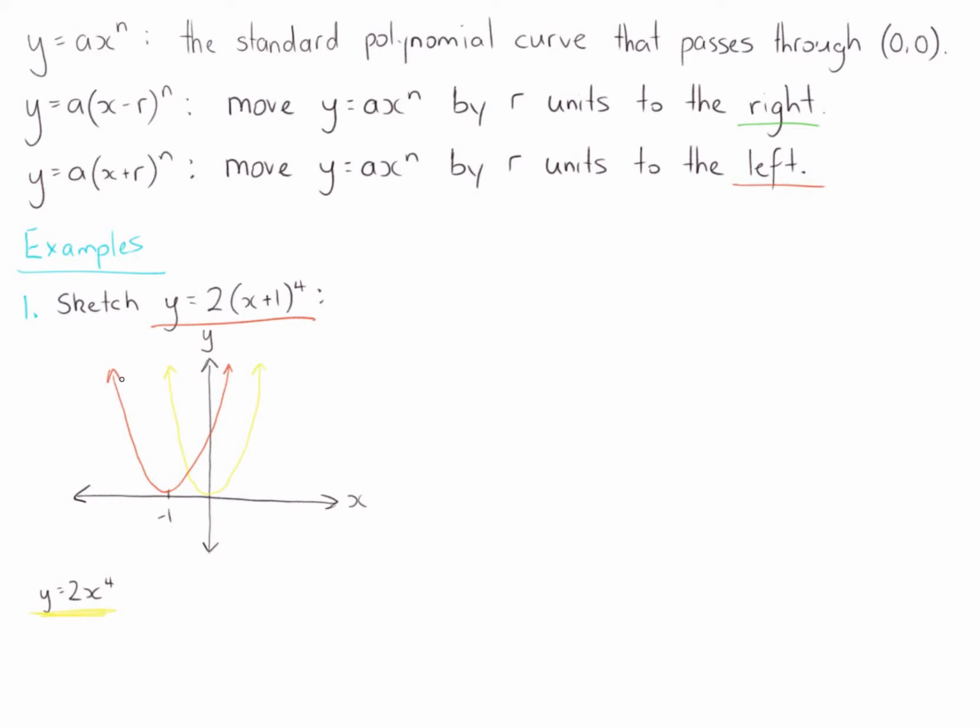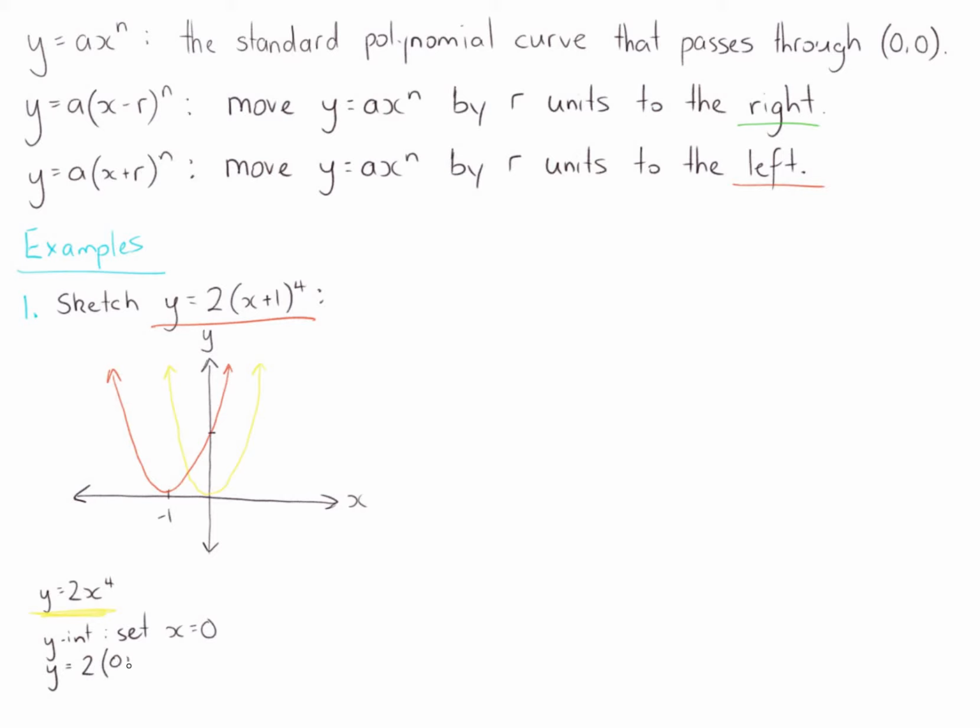We also have, as well as a different x-intercept, a y-intercept that we need to work out here. Remember, when working out a y-intercept, we need to set x equal to 0. So let's set x equal to 0 for our equation y equals 2 times x plus 1.